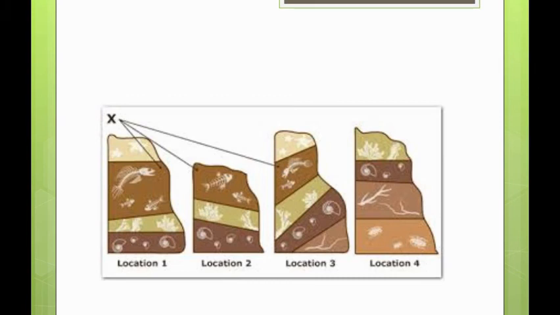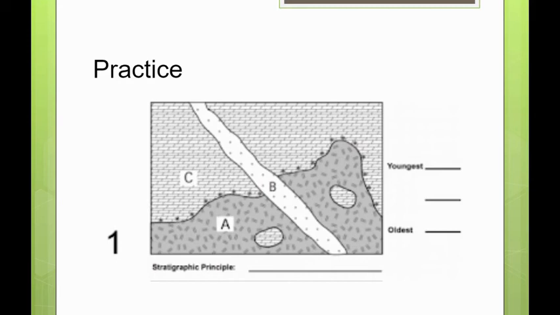I'm going to go through a couple of these layers, and I want you to get some practice in just putting these in different orders. I will post up the answer key to these in the classroom so you can check them when you come into class. But see if you can put these three layers in order and then press play to move on to the next one.